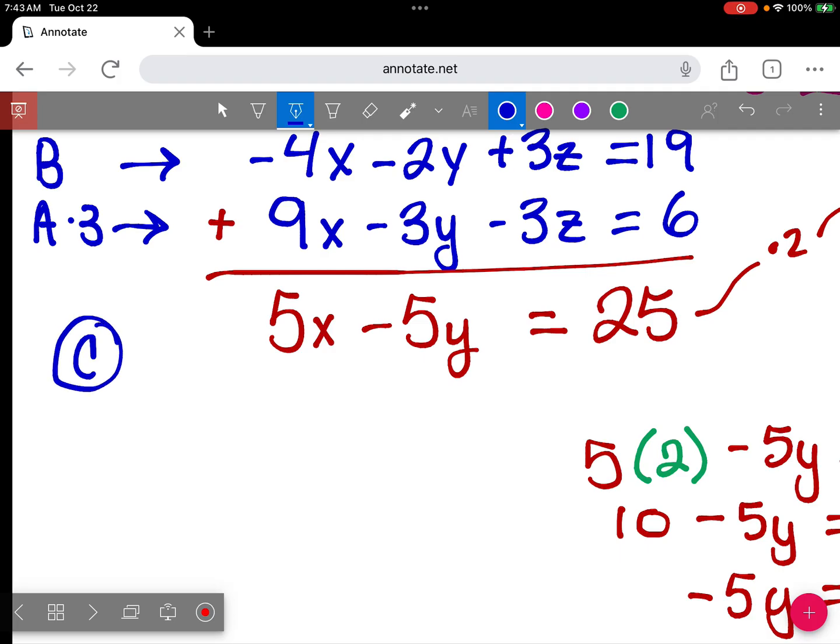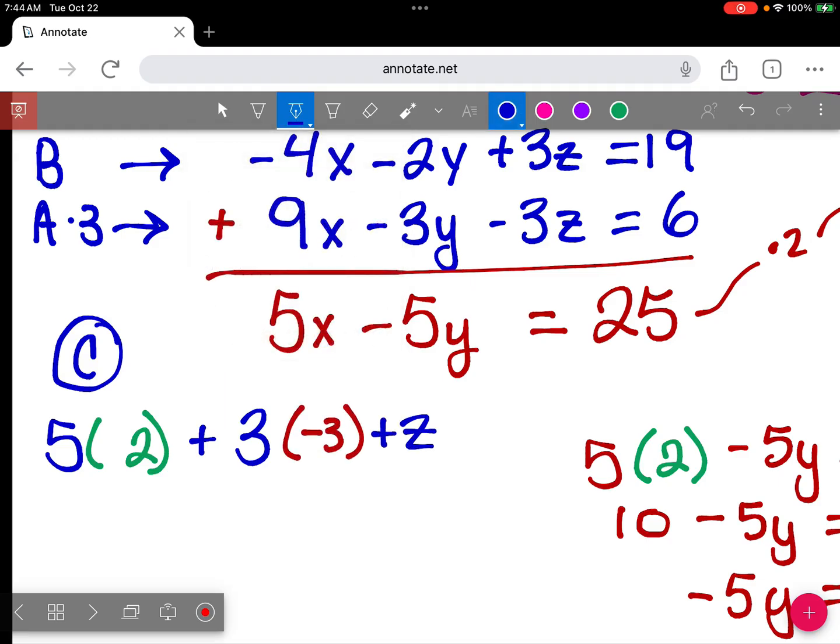So I'm going to use c simply because then my z's don't have anything in front of them. I'm going to use that positive one. So I'm going to have my 5 times my x, so 5 times 2, plus 3 times my y, which is negative 3, plus z equals 8.